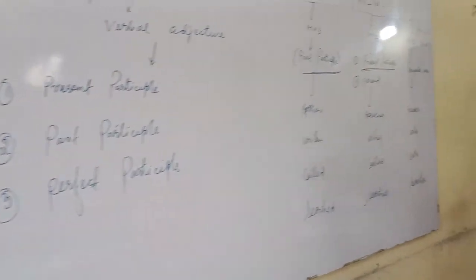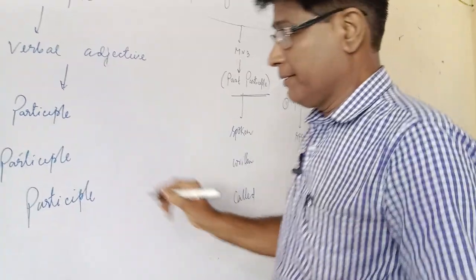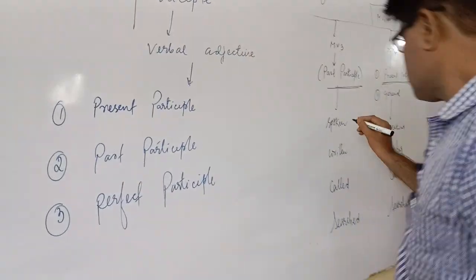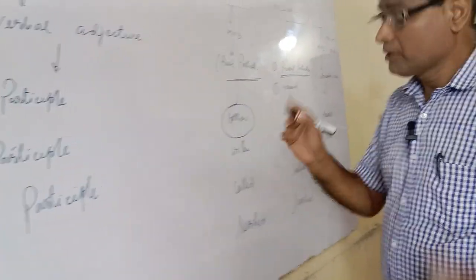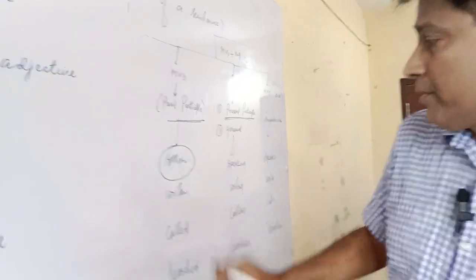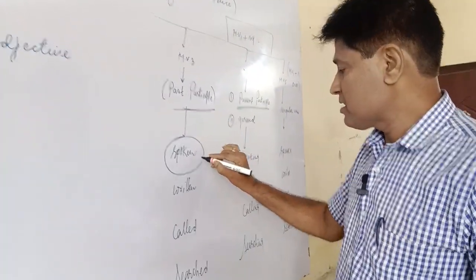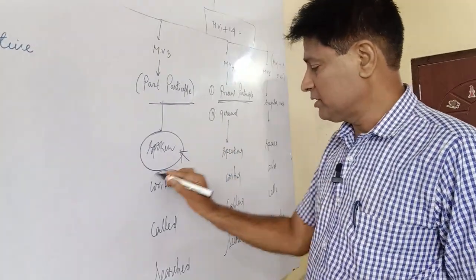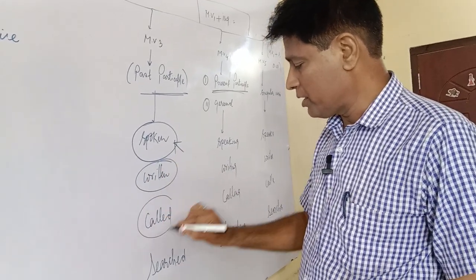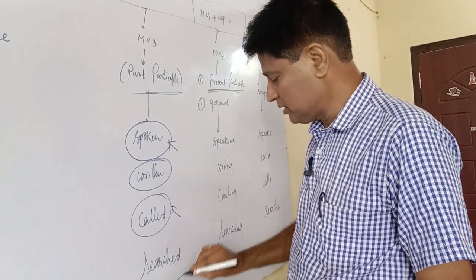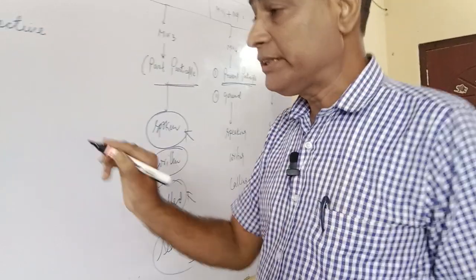When you are denoting something which is finished, like spoken, written, called, and searched, which are finished actions, in this condition we use the past participle form of the verb.